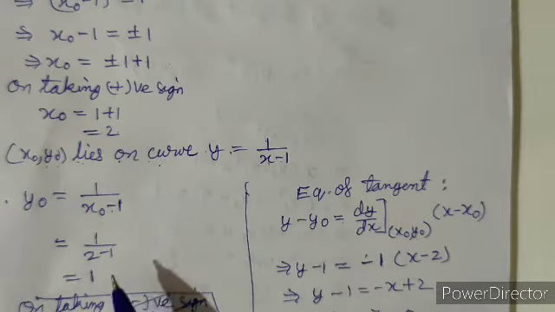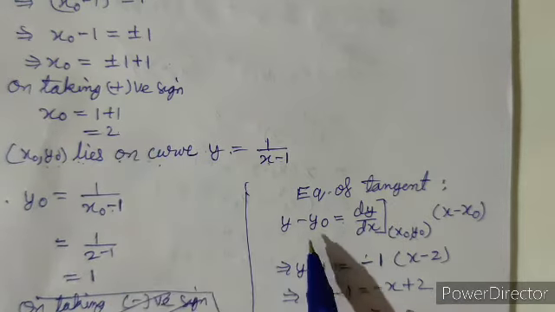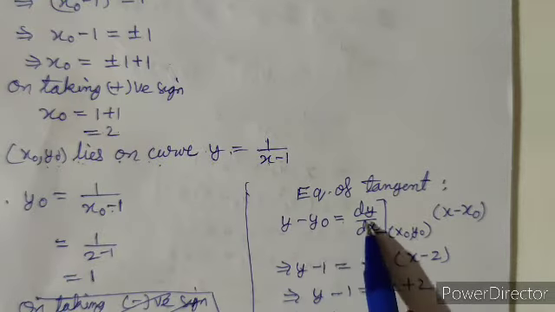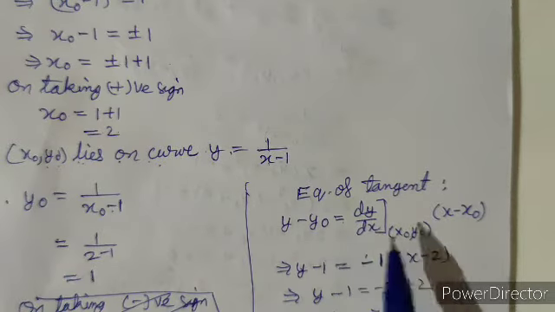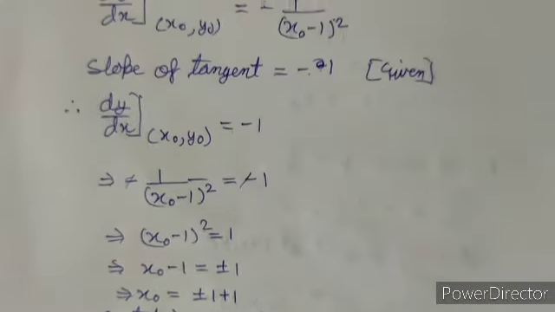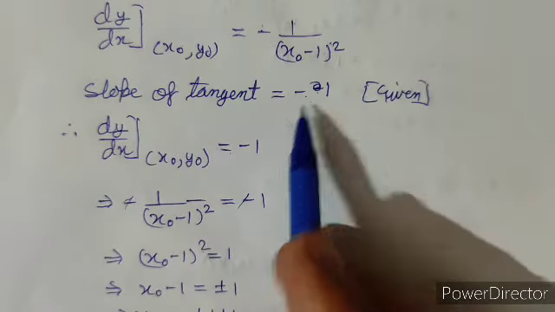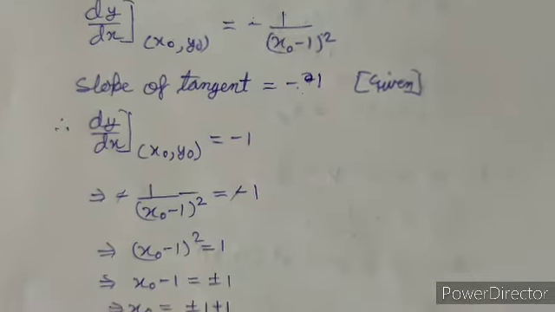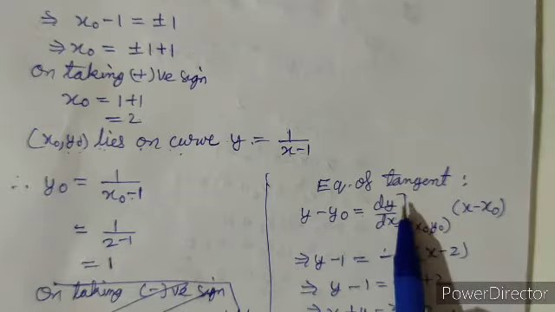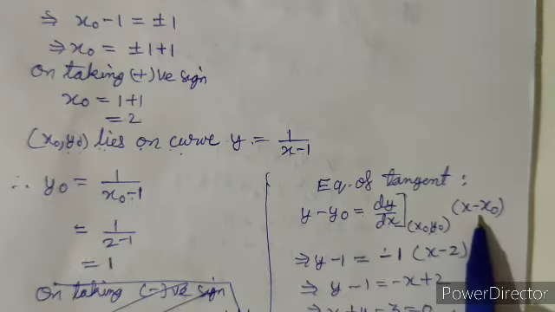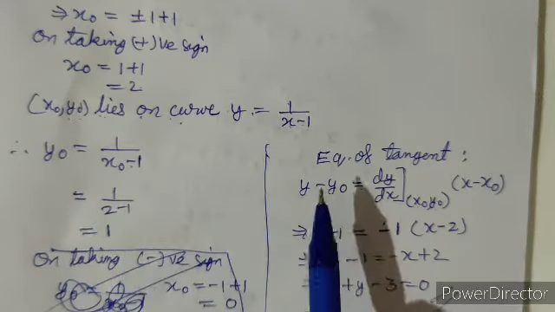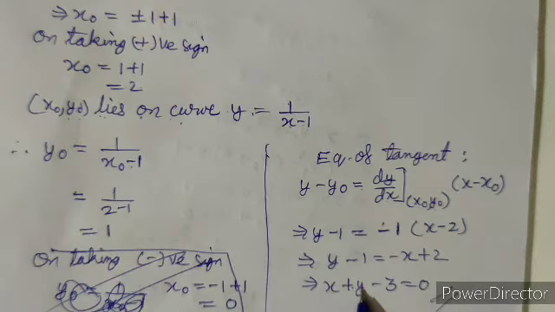Now, y0 was 1 and x0 was 2. So, it will be y minus 1 equal to dy by dx at (x0, y0). Now the slope of the tangent is already given to us as equal to minus 1, so we will take dy by dx at (x0, y0) equal to minus 1. That will be minus 1 into (x minus x0), and x0 was 2. And this will give us the equation of the tangent as x plus y minus 3 equal to 0.